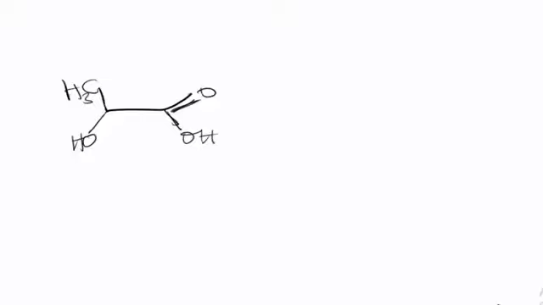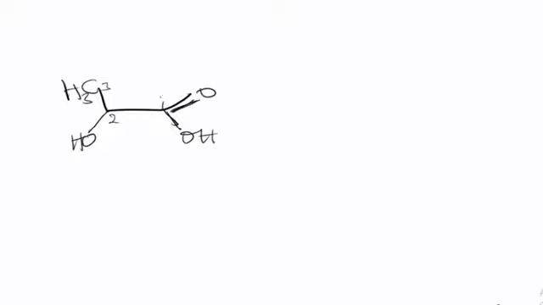So if I want to name this compound, I know that the carboxylic acid is a functional group of higher priority than the alcohol group. So I have to consider the carboxylic acid group first. So with this, I'll simply go ahead and name this 1, and then 2, and then 3.